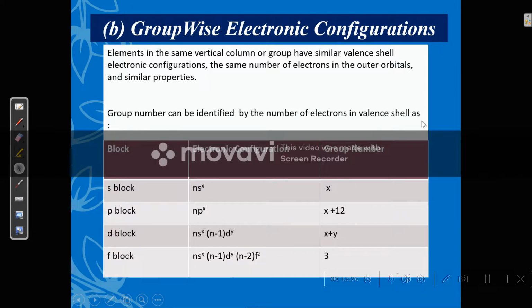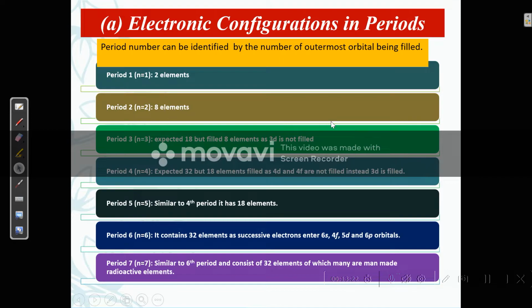Wait just a minute, okay. So how to define the period?